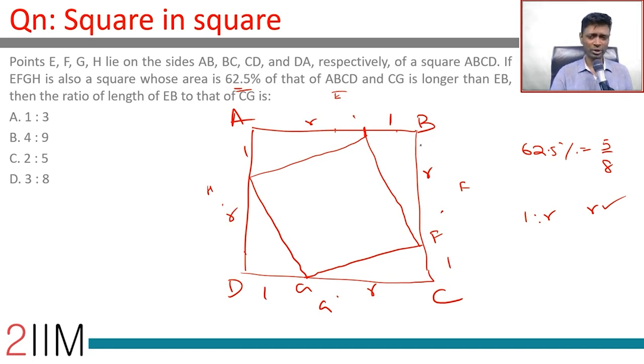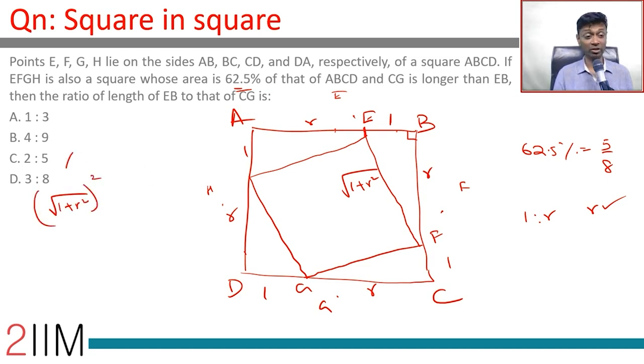Fine. So now this question becomes very simple. We use a little bit of Pythagoras theorem. We can find that this EF is square root of 1 plus R square. So area of square EFGH is square root of 1 plus R square the whole square.